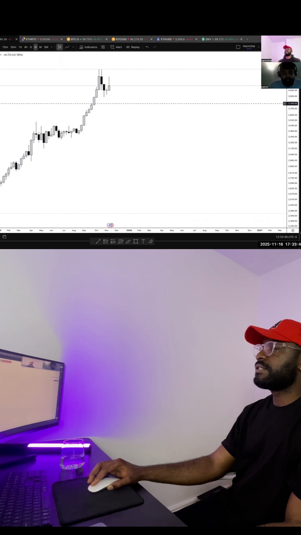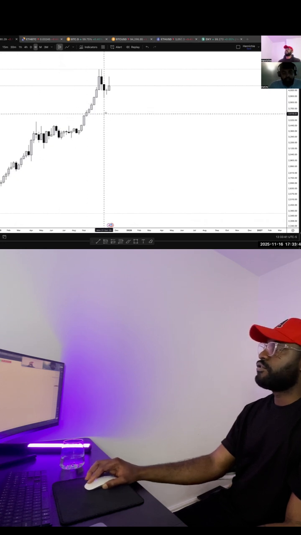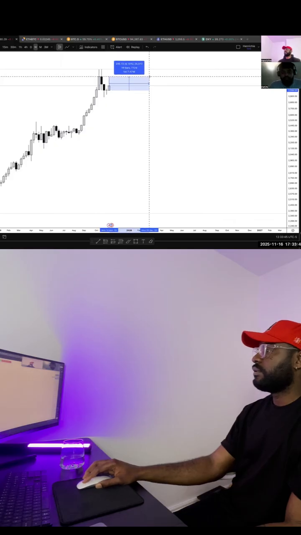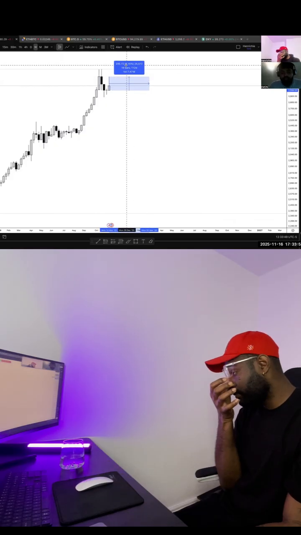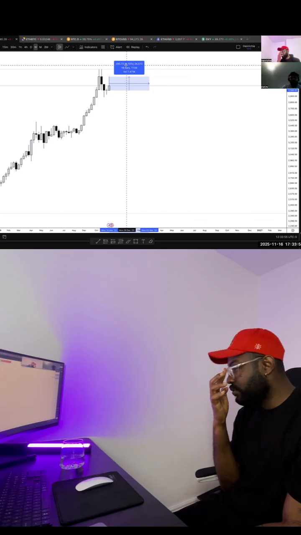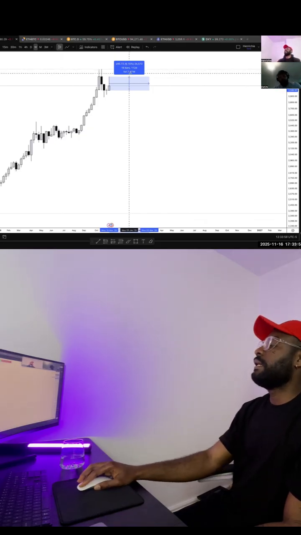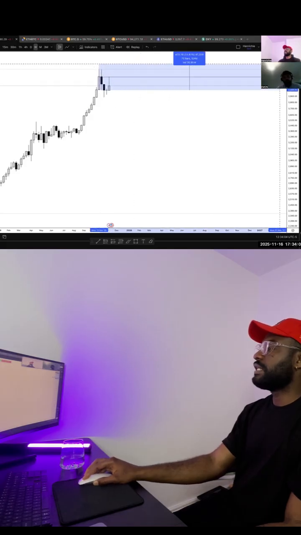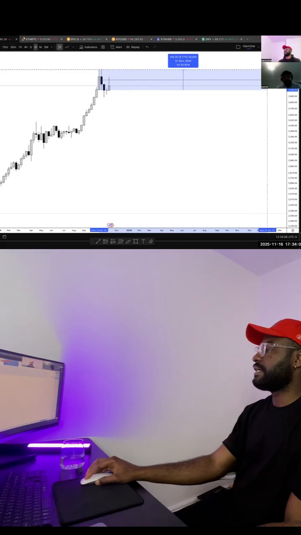I'm not going to say too much about this, but just to give you an overview, this weekly candle delivered a 6% move to the upside last week. How many candles on gold have actually delivered that 6%?